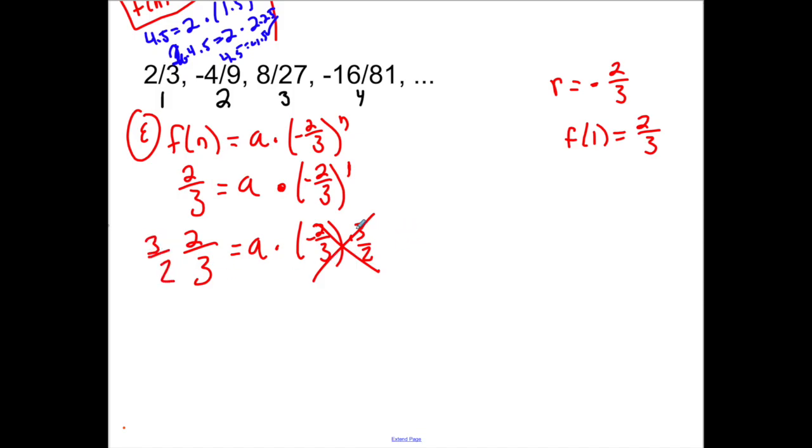And it needs to be a negative 3/2 because you want to cancel the negative 2. Boom. And a is equal to negative 1. And if you think about it, negative 1 times negative 2/3 equals positive 2/3. So f of n is equal to negative 1 times negative 2/3 to the n. That's our rule.